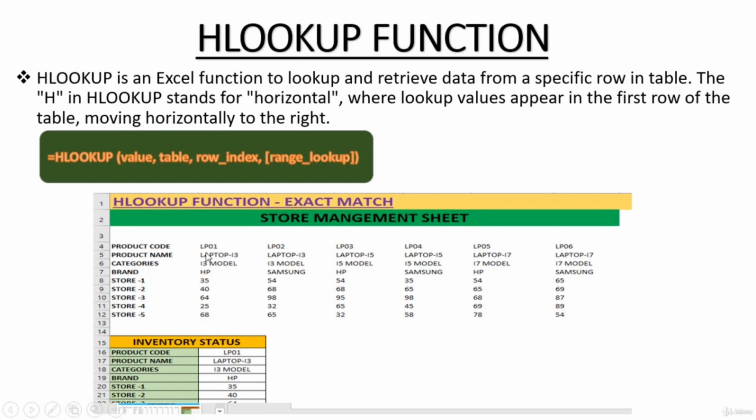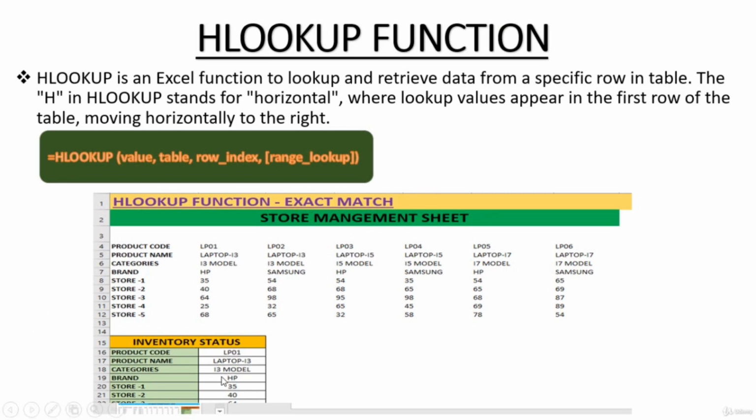Product code LP1, product name laptop i3, category i3, brand HP, and store 1 has 35 laptops available, store 2 has 40, store 3 has 64, store 4 has 24, and store 5 has 68, right?